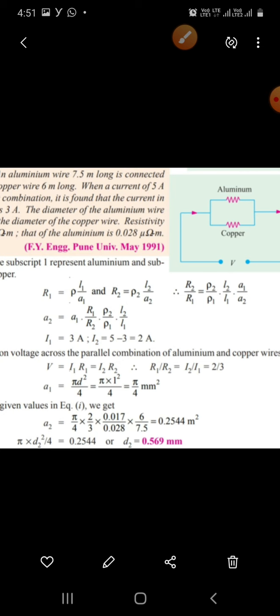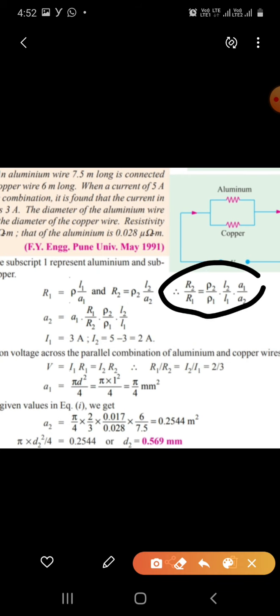So we can write R2 by R1 is rho 2 by rho 1 into L2 by L1 into A1 by A2. So from this calculation we can write A2 is A1 into R1 by R2 into rho 2 by rho 1 into L2 by L1.